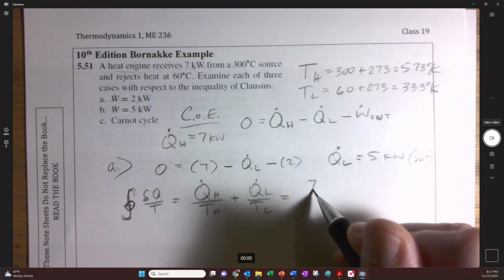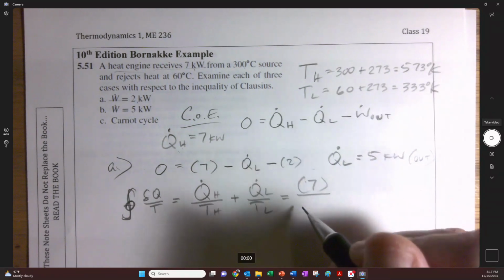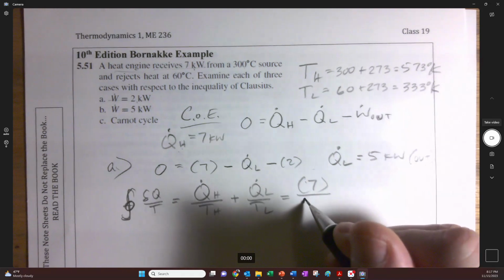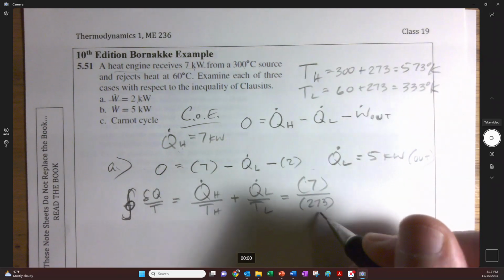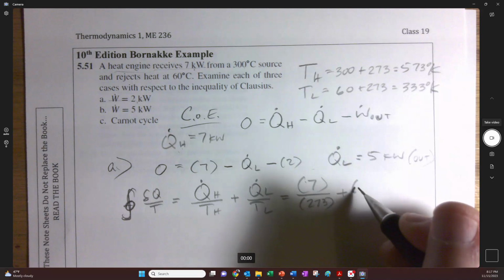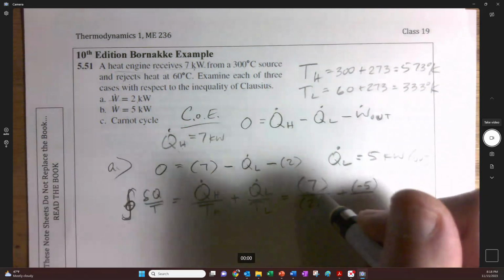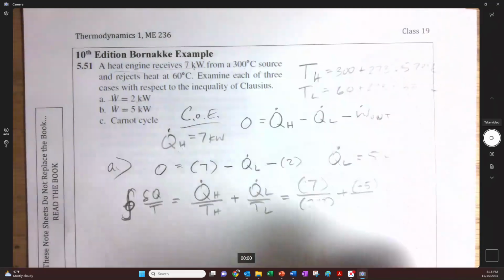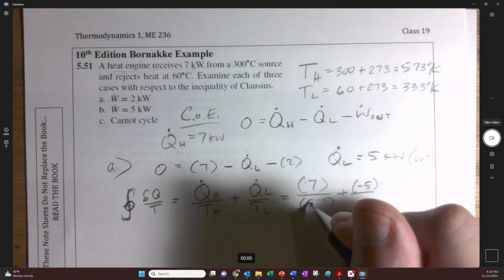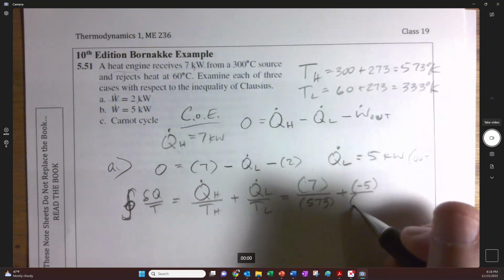So we get 7 kilowatts divided by 573, and then let's make this negative, 5 kilowatts divided by 333.